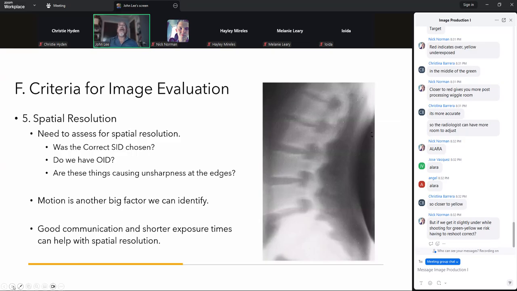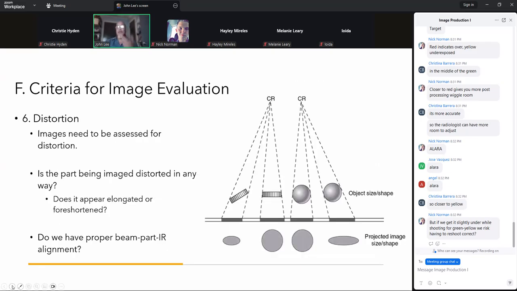Looking at your image evaluation, look for spatial resolution. Does that look blurry? It looks blurry to me. That would probably be repeatable. Motion, big thing, and we've discussed this before. Minimize distortion.